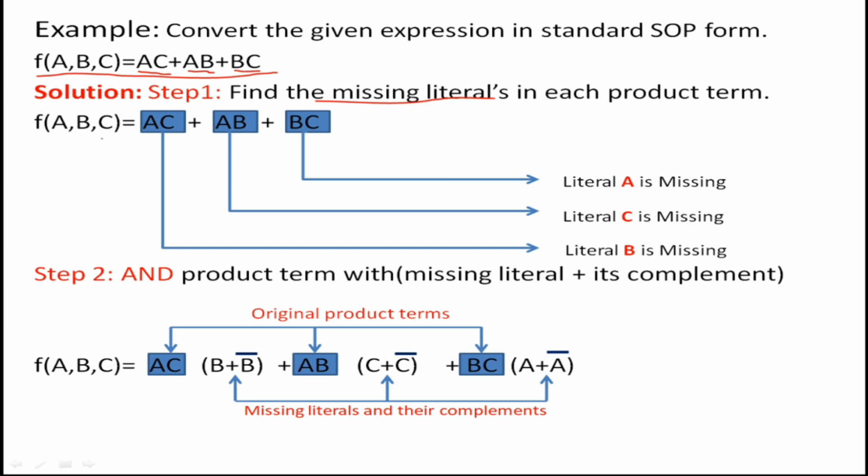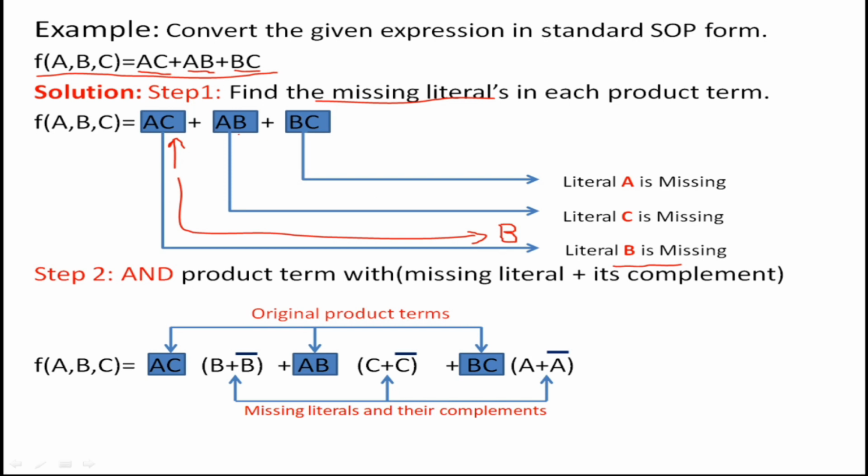Now if you take this example, we have the product terms AC, AB and BC. In the first product term, the literal B is missing, so we need to add B to it.